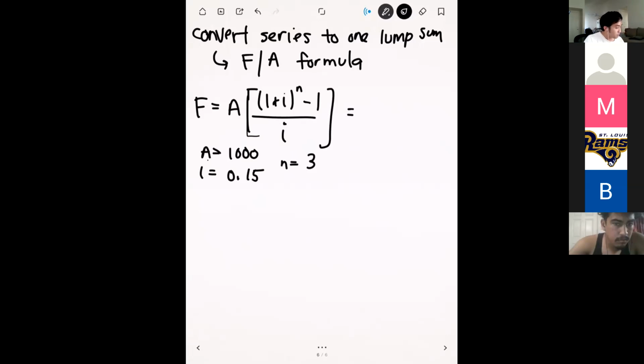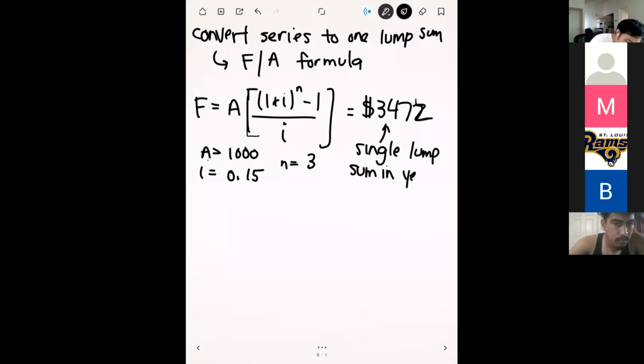Once we plug in all the numbers, we get 3,472. And so this 3,472 is one single lump sum, but it occurs in year 3.